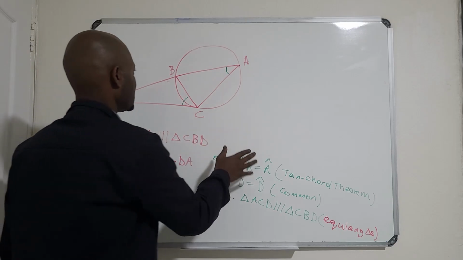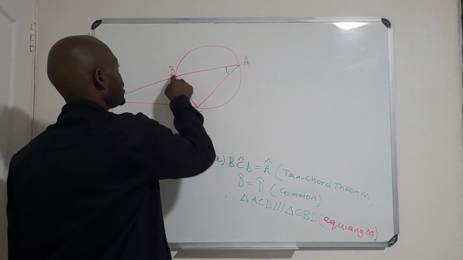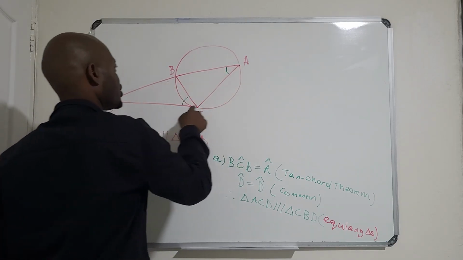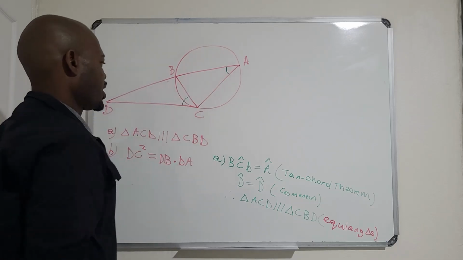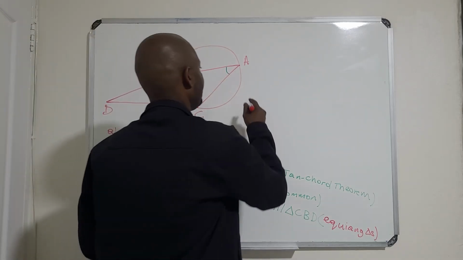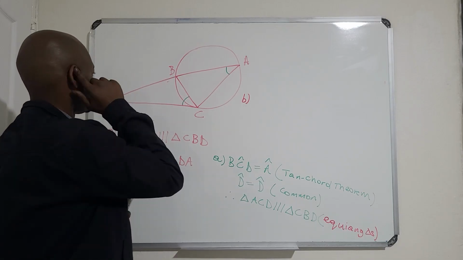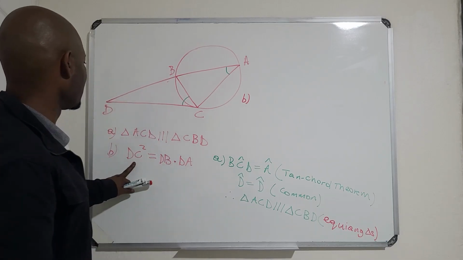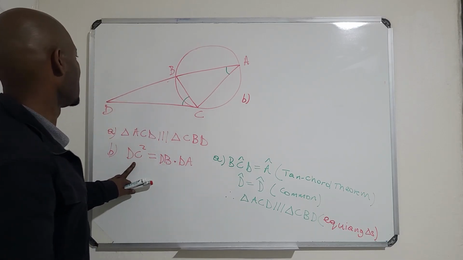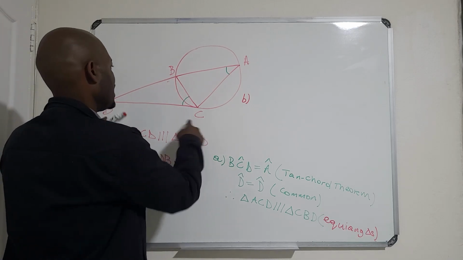Since we have proved that this triangle is similar to this triangle, we can set up ratios, and I can see that it has DC squared. So I can start there.